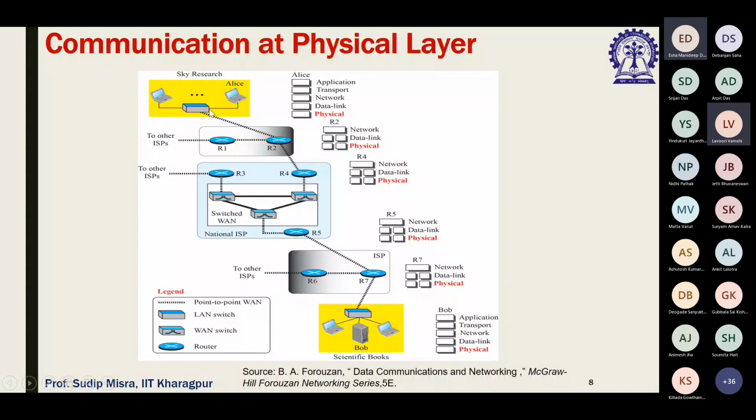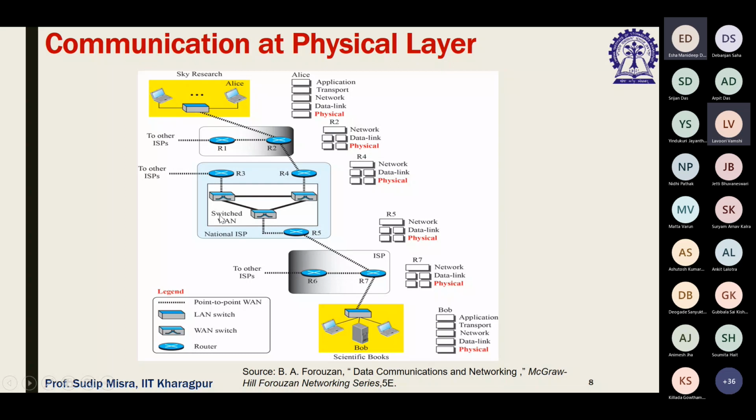So this is the path that will be taken by the messages sent from Alice to Bob. But how? Let us say that Alice has a local area network like this, which has a switch. Then the data goes beyond the organization and comes to a wide area network belonging to some ISP.